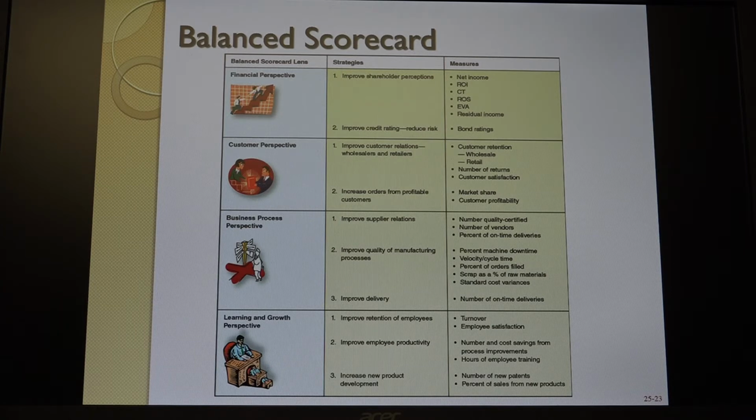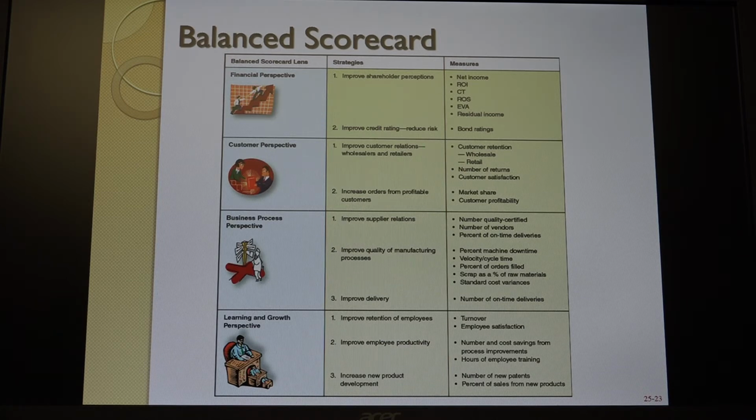Increase orders from profitable customers. The gauge they use is market share and customer profitability. So they're looking at their customers, I guess the wholesalers and retailers, and determining how maybe they've contributed to their profitability. I guess that's what that means.